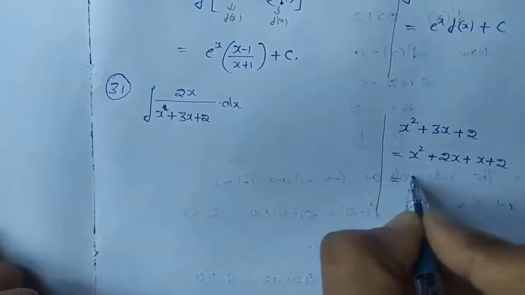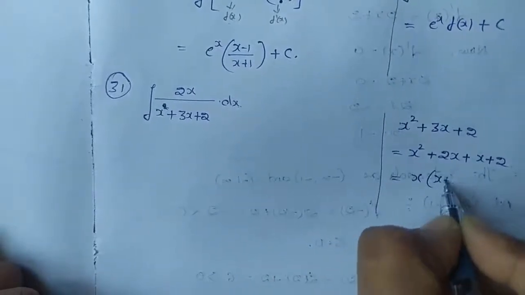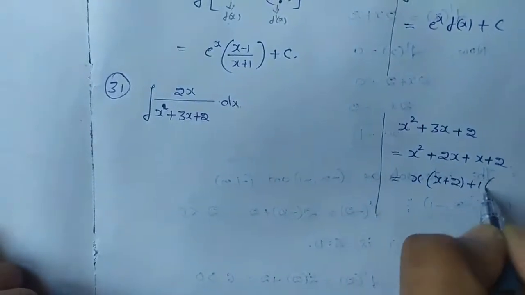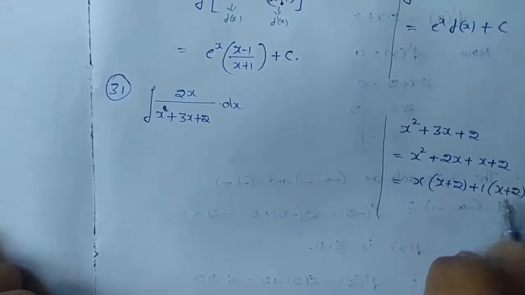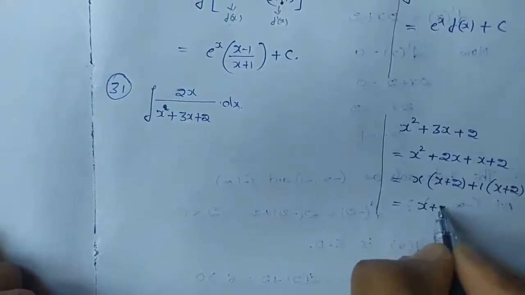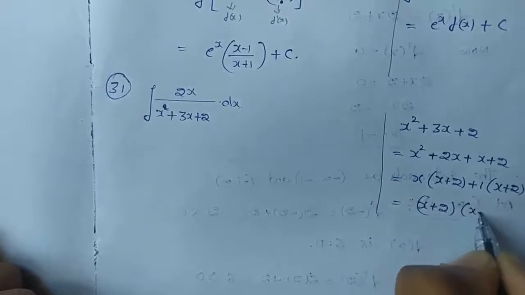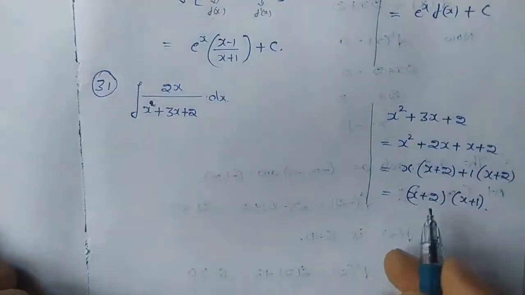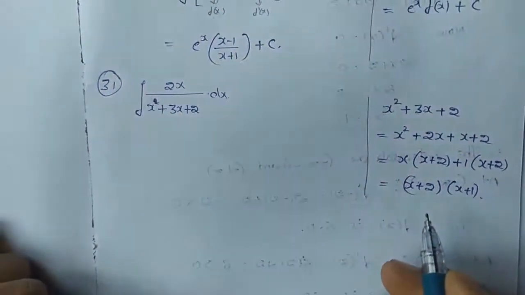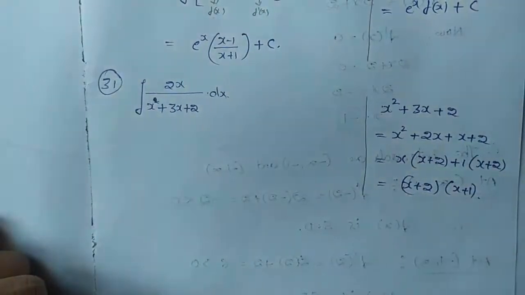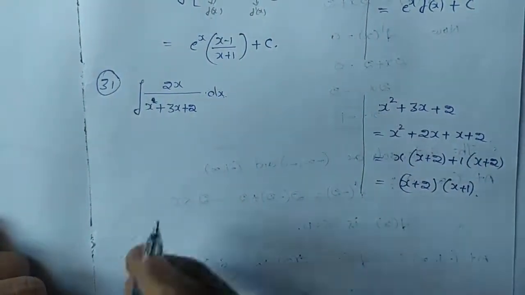Taking x outside, x plus 2, plus 1 outside, x plus 2, that is equal to x plus 2 into x plus 1. I think you already know factorization, so I am not explaining more.